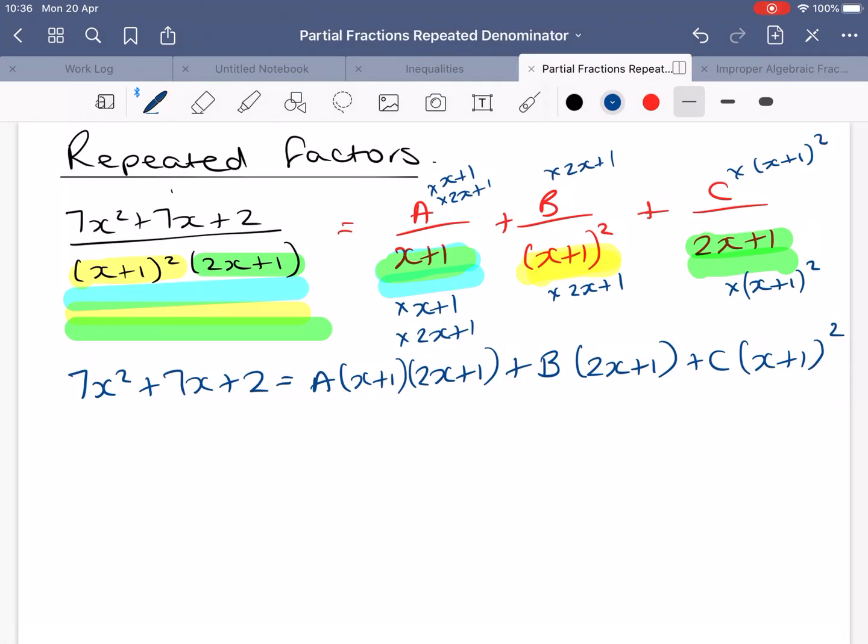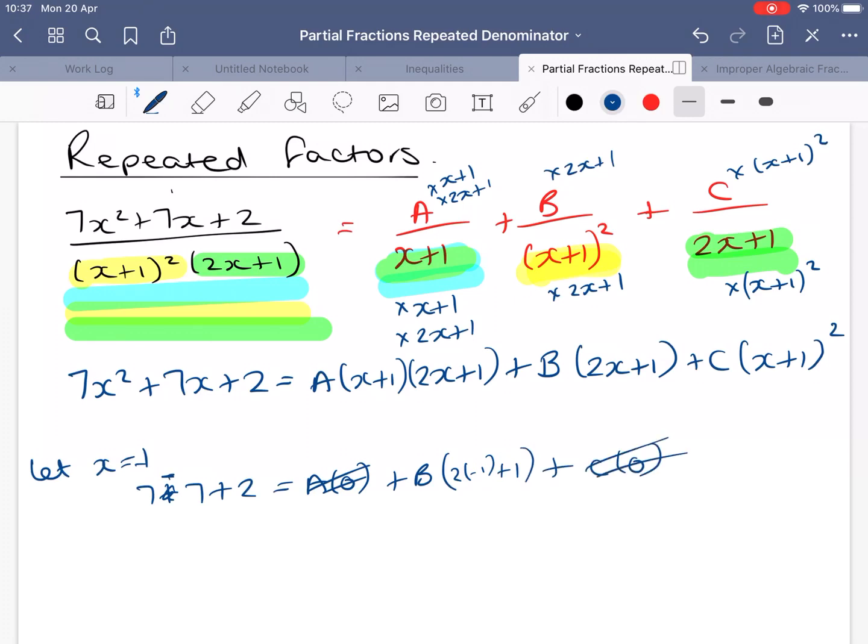So we say, well, let x equal minus 1, because that way we can eliminate that x plus 1 factor. So we've got 7 minus 7 plus 2 is equal to a times 0, which goes, plus b times, well, 2 lots of minus 1 plus 1, and plus c times 0, which disappears.